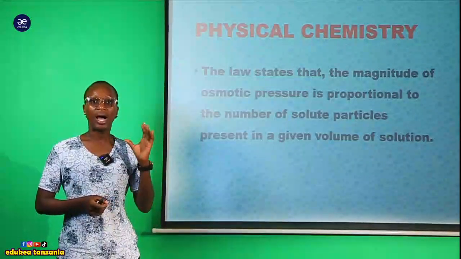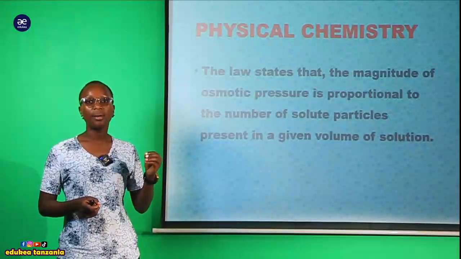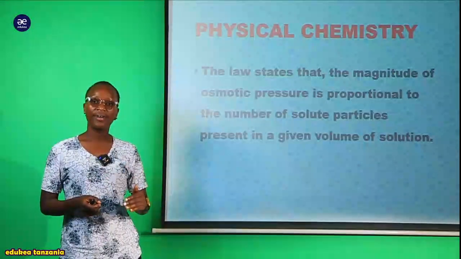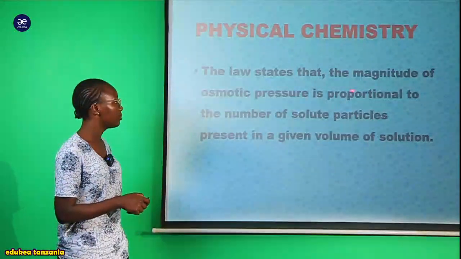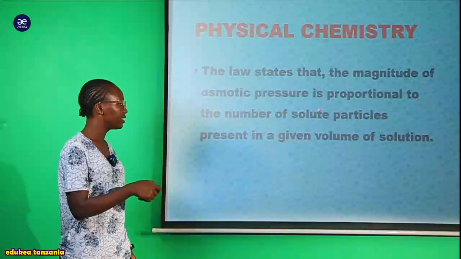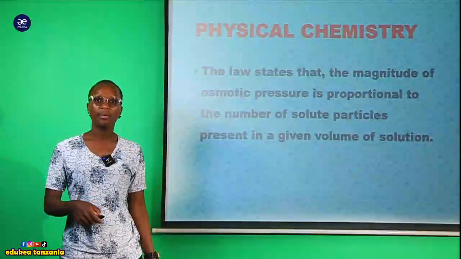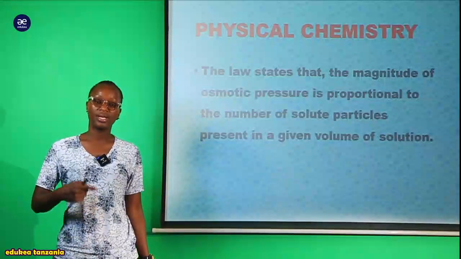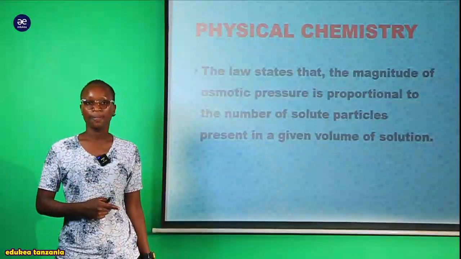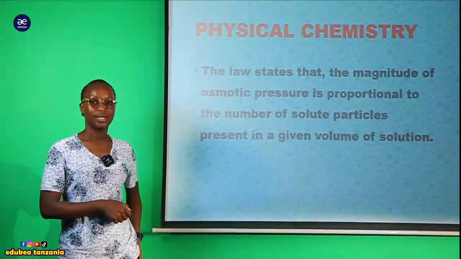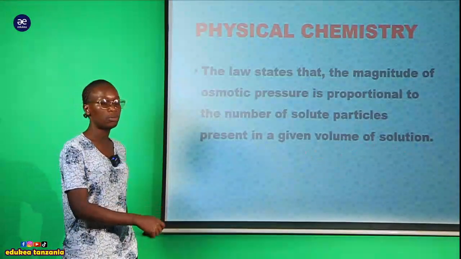You studied that molarity is given by the number of moles of solute or solvent over a volume. So he said the magnitude of the osmotic pressure is proportional to the number of solute particles. The number of solute particles means the number of moles of the solute, present in a given volume of solution.